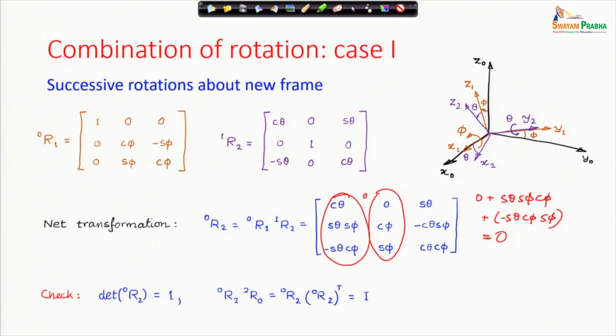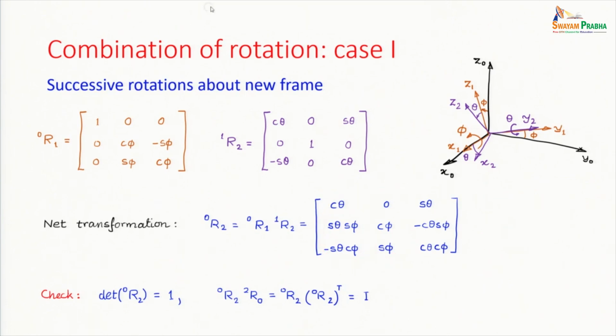So, that gives us 0. Therefore, this dot product is 0. Similarly, you can check that the dot product of any two unlike columns is 0. The same thing goes for the rows, and you can take the cross product of the first column and second column, you will get the third column, etc. All those properties I leave it to you to check.